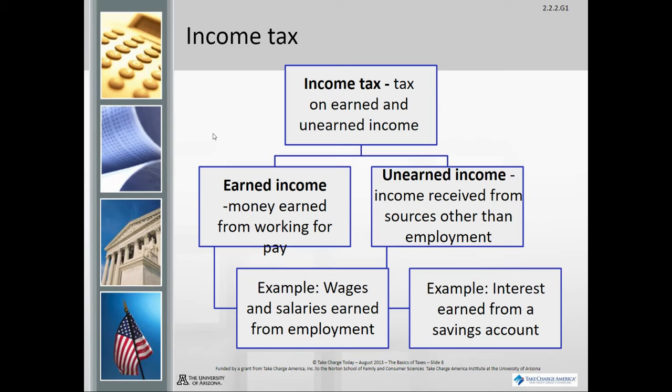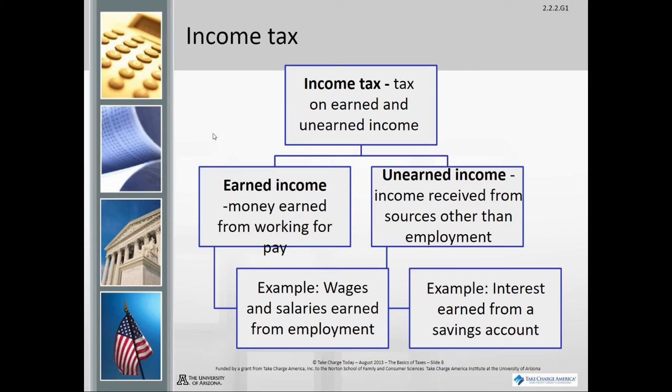So we'll go over income taxes a little bit later, but we're going to just be general right now and write down the difference between earned income, according to income tax standards, and unearned income. So, earned income is anything that you work for. And so you are getting paid by your job, by your employer, by anybody that you are doing work for.